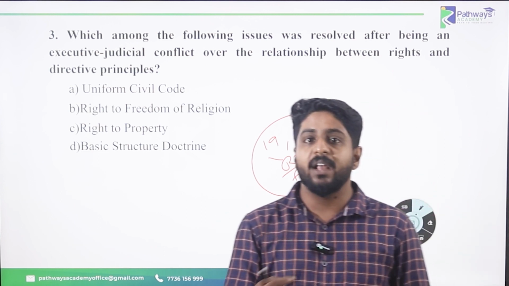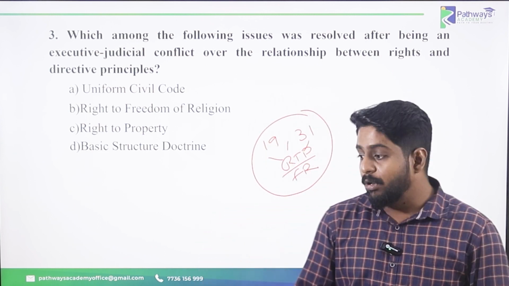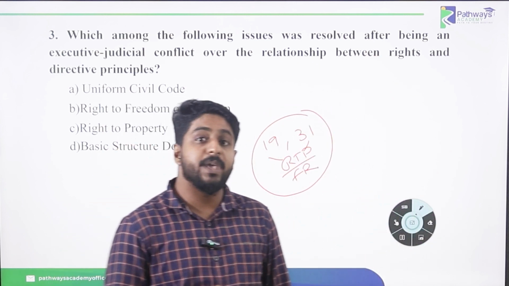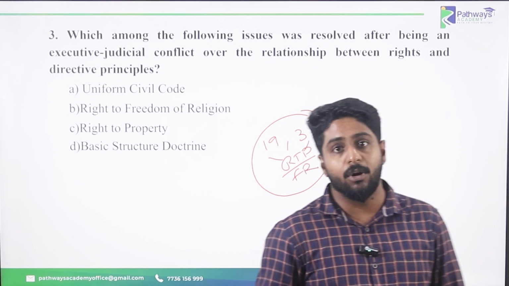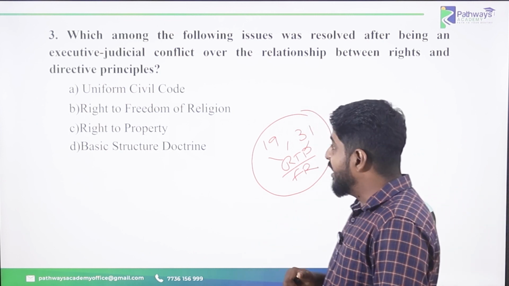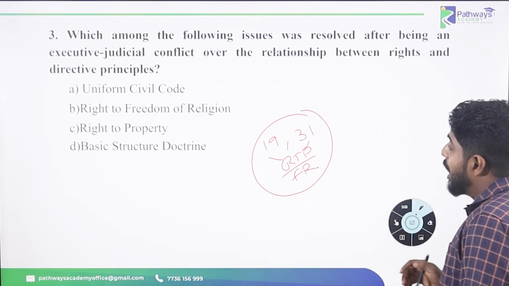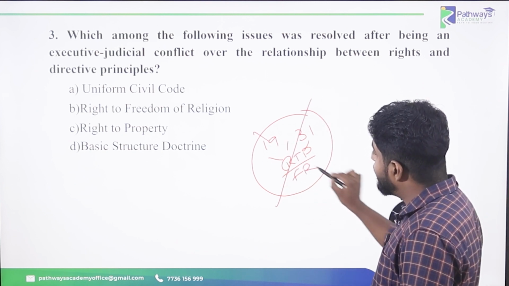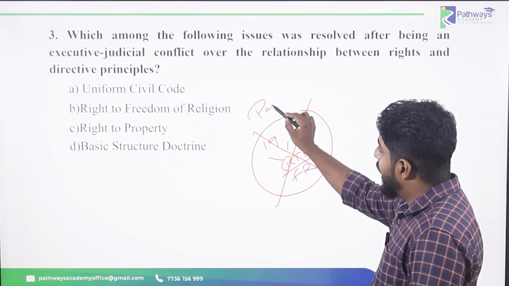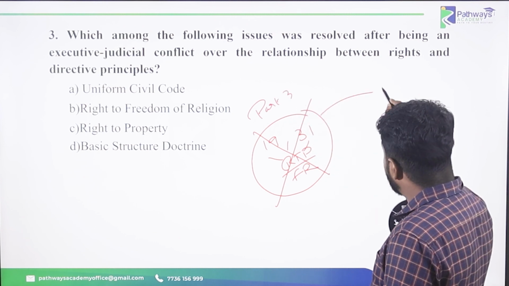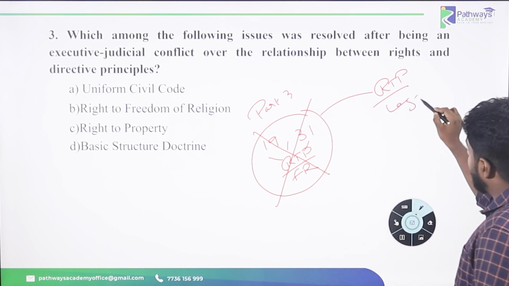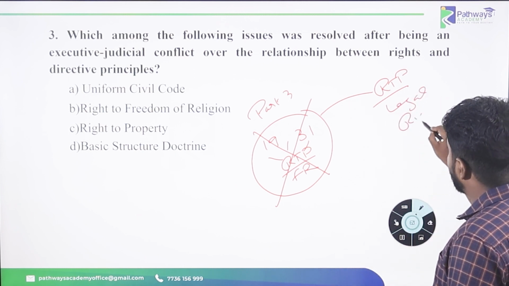How can the state acquire the property? The state or the individuals may demand huge compensation, and the compensation would be a matter of controversy always. So later right to property was omitted from part 3 of the Indian Constitution, and we have made right to property just a legal right. So now it is not a fundamental right at all.